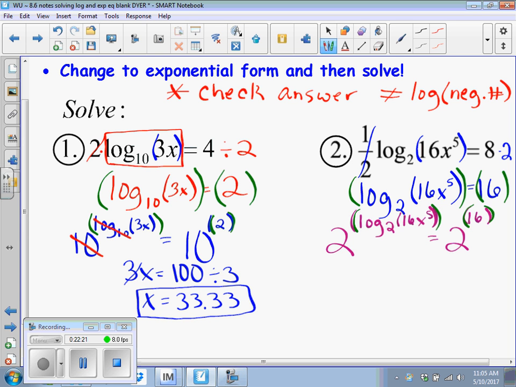Now, 2 to the log base 2, what happens to that? Cancels. So I'm left with 16x to the 5th equals 2 to the 16th power, which is 65536.